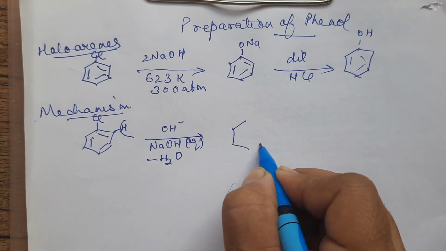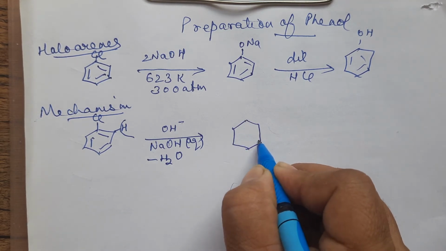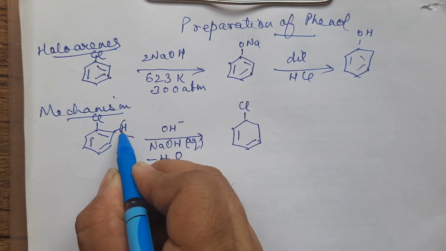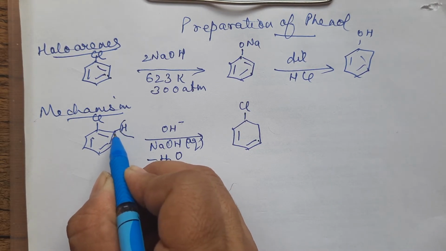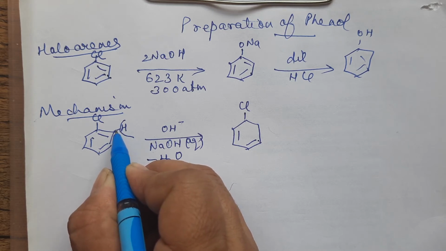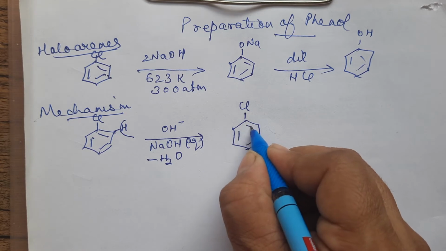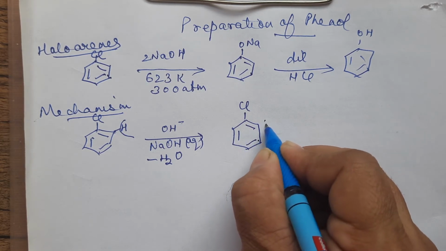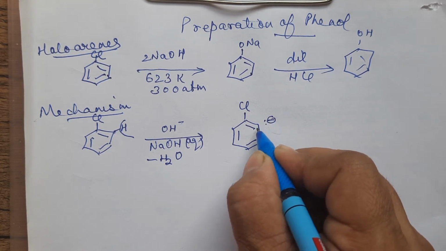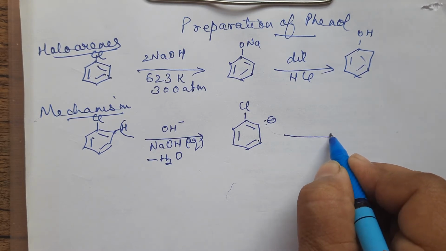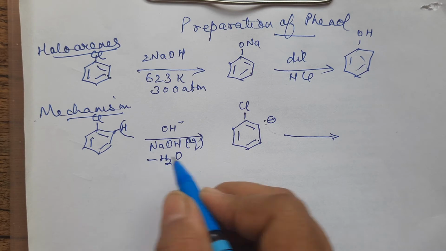So when it comes out, the electrons which are making this bond will remain on this particular carbon atom. So you will have this double bond as such, plus one more extra electron, due to which this carbon will get a negative charge. Got it? In the next step, this Na plus was there.